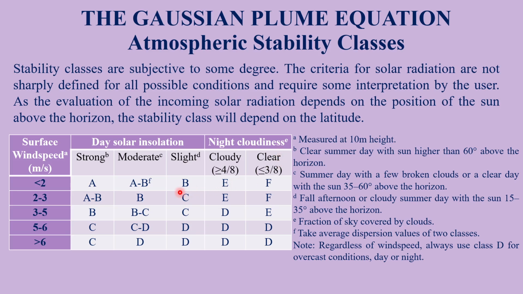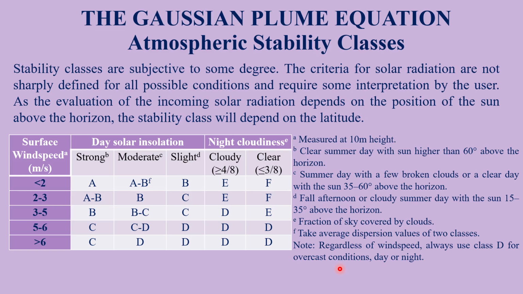And EF takes the average of dispersion of two values, here, and here. And note that regardless of wind speed, always we use class D, that is neutral for overcast condition, day or night.